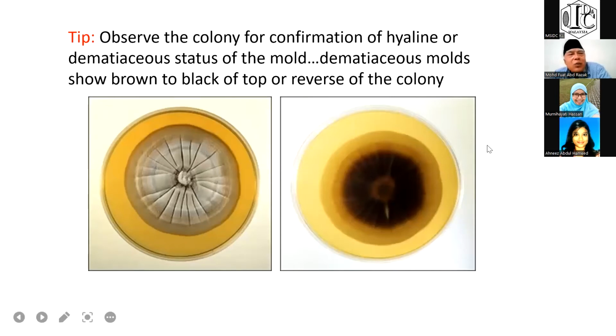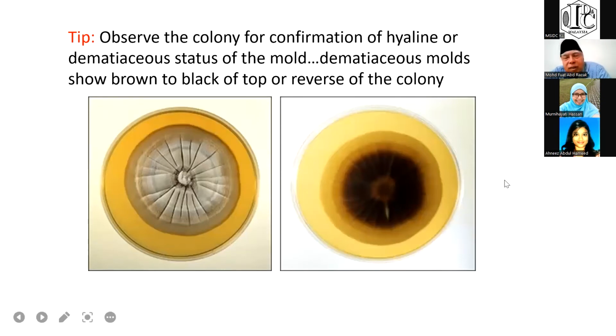An easier way to confirm whether the fungus is dematiaceous or not is by looking at the colony, because dematiaceous molds show brown to black color, whether on the top of the colony or the reverse. Sometimes you see the black color at the reverse of the colony. So this is enough to confirm that the mold is a dematiaceous mold.